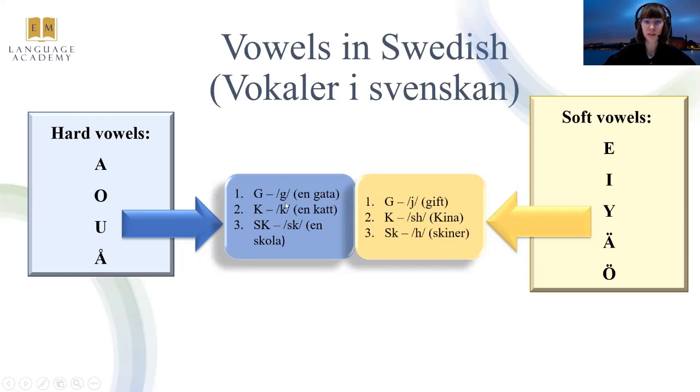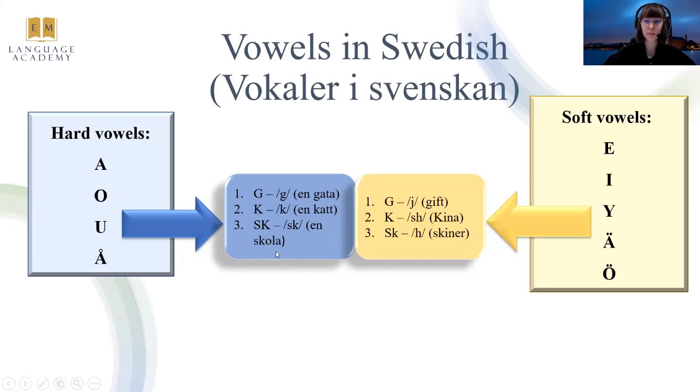It does not change. The pronunciation is G, gata. The same is applied to letter K and the combination SK. In kat, we have hard vowel A, and then SK, for example, in skola, a school, we have hard vowel O or U, right? In gata, a street. In kat, a cat.